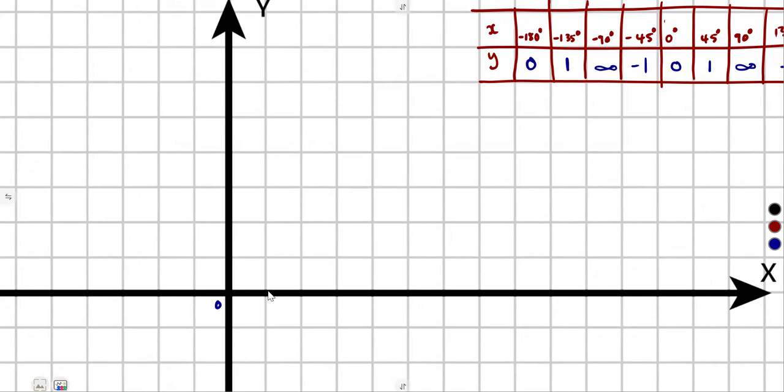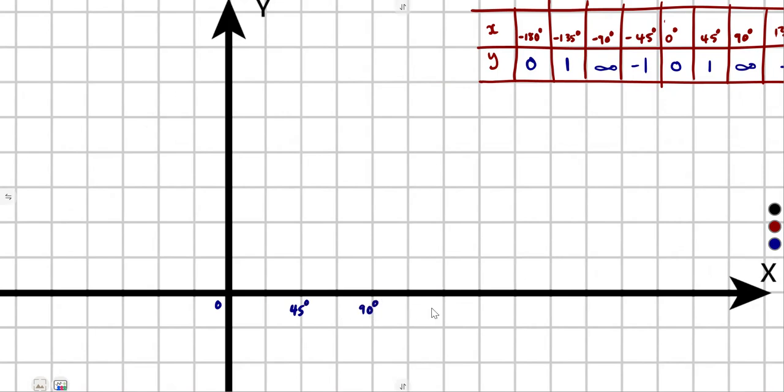Right. So that is going to be 45. So guys, because of the space here, let's try to space a little bit. I'm just going to use two boxes to represent 45.